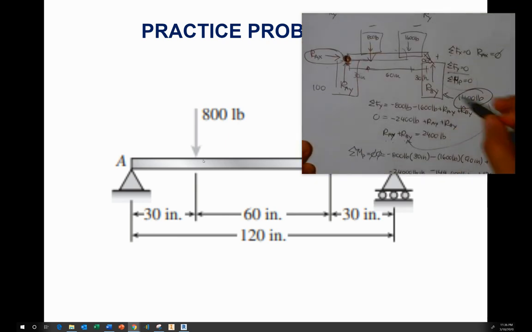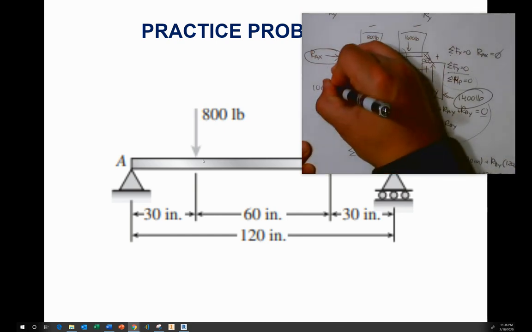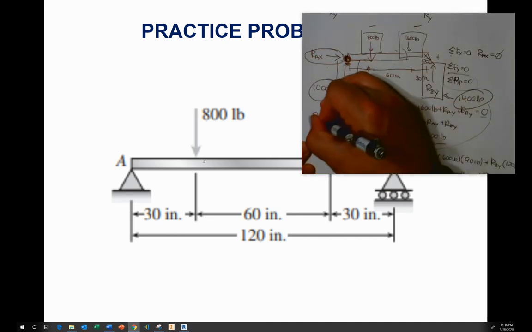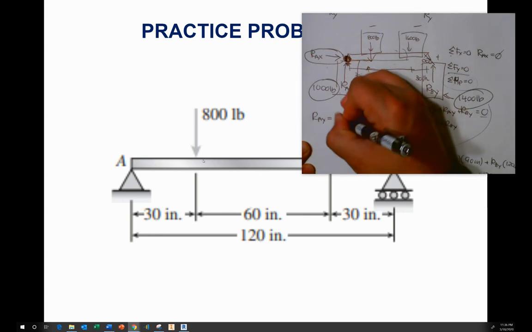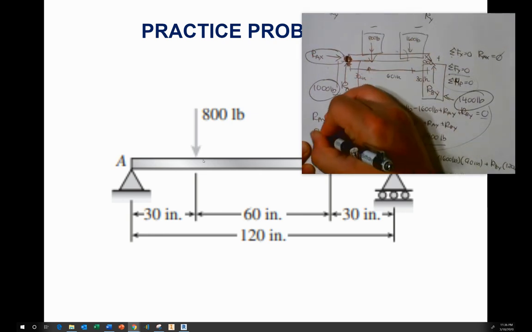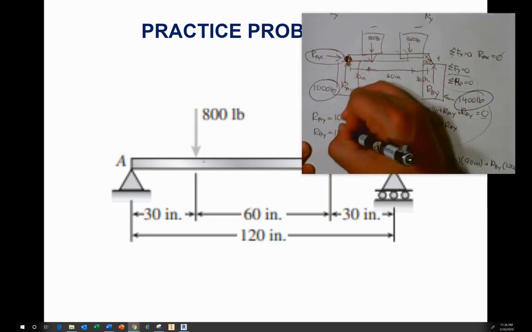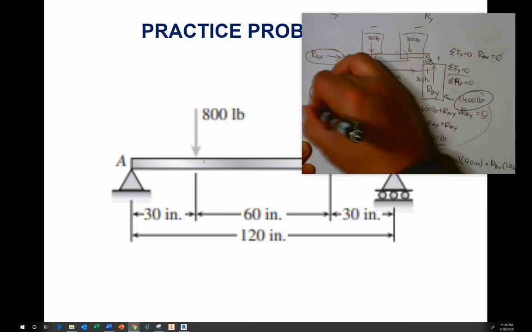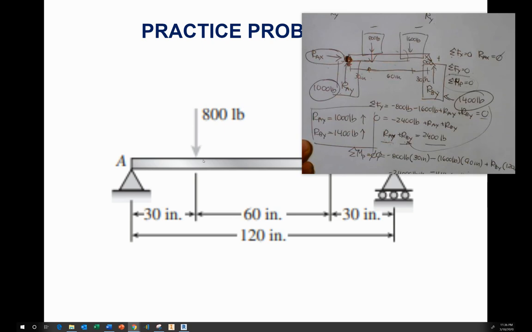If I take this number and plug it right back into this equation, it tells me that RAY has to be 1,000 pounds. Very messy, but those are my answers. I'll box them. RAY equals 1,000. RBY is equal to 1,400 pounds. They're both pointing up, and that's my answer.